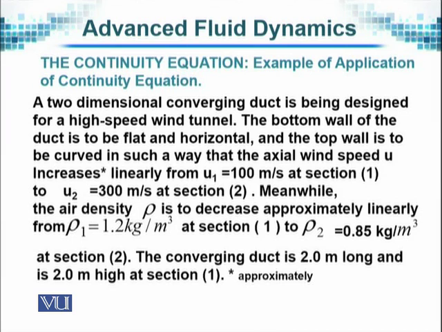So a two-dimensional converging duct is being designed for a high-speed wind tunnel. The bottom wall of the duct is to be flat and horizontal. So this is a given condition.